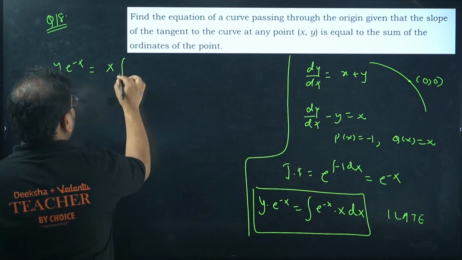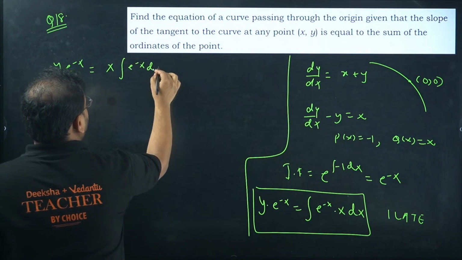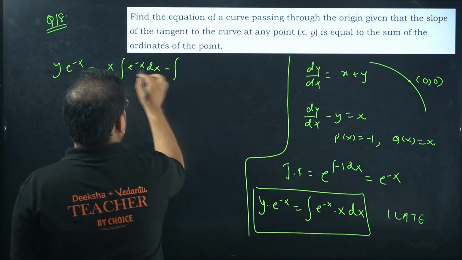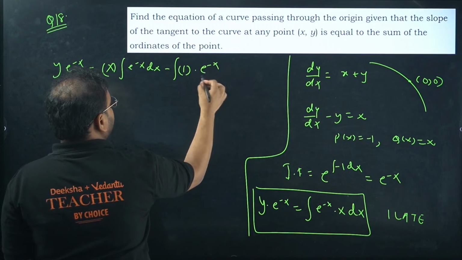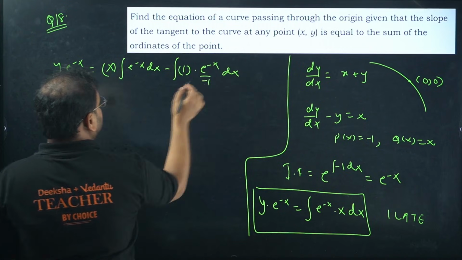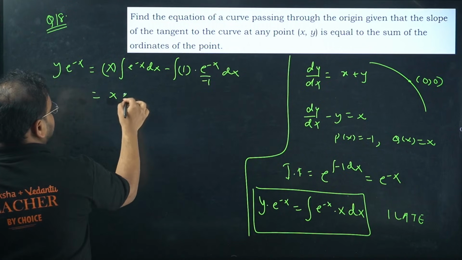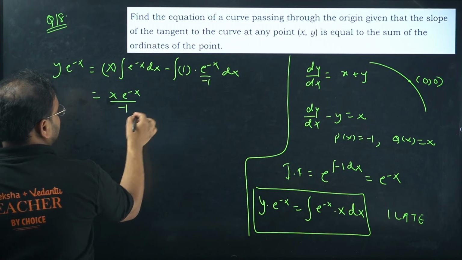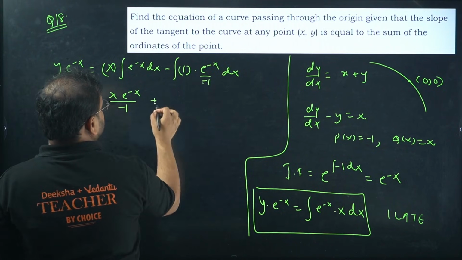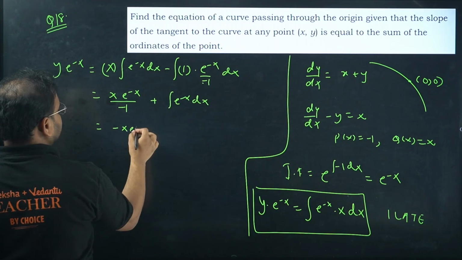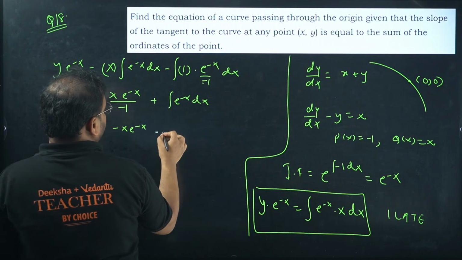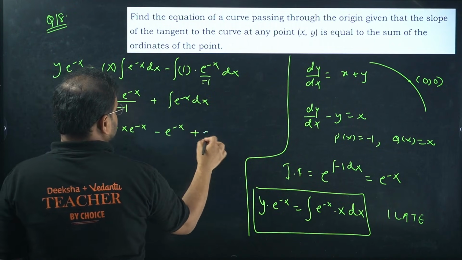So x as it is, times the integration of e power minus x dx, which is minus e power minus x, minus the integration of the derivative of x, which is 1, times minus e power minus x dx. That gives minus x e power minus x, and over here again minus e power minus x plus c.